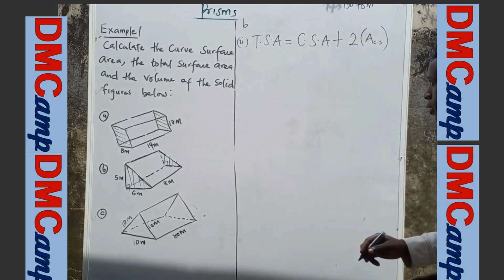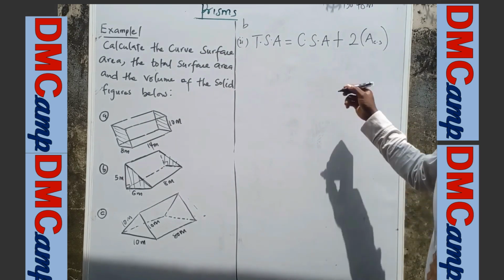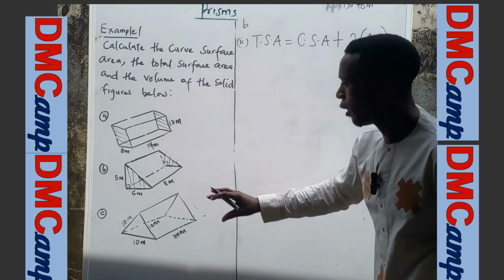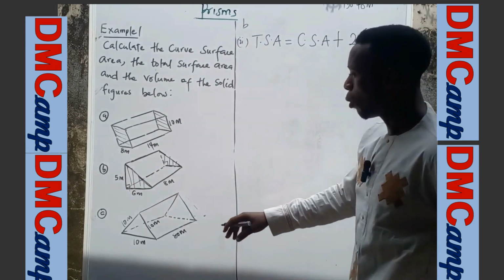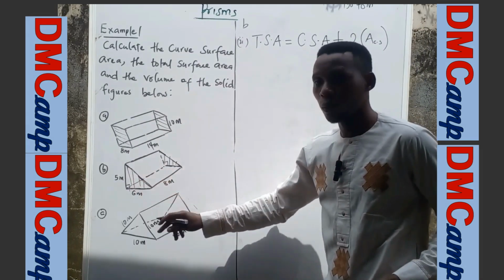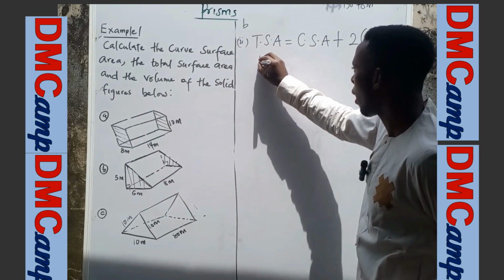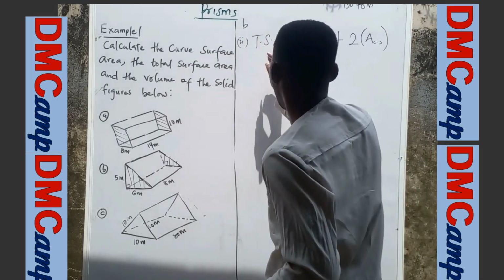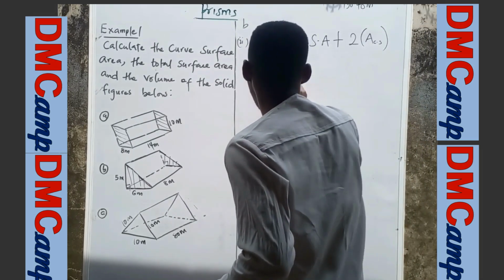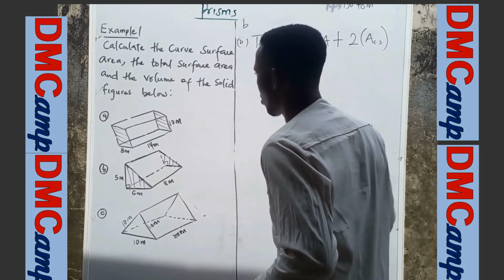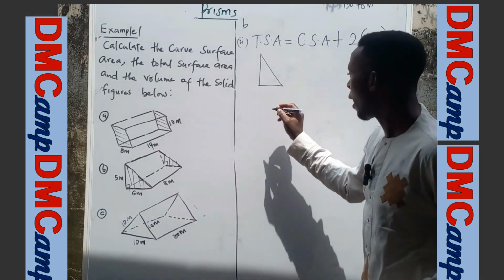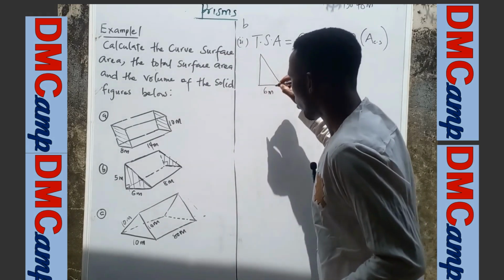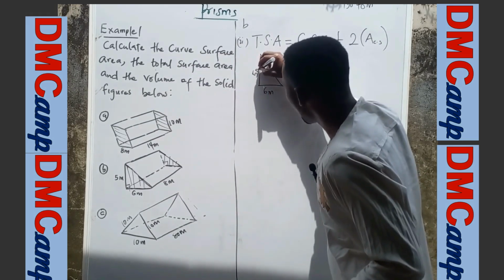We've gotten that. Now let's see here, how do we get the area of this? I'm going to bring this cross section out again. I have this, then I have this. Now here I have 6 meter, here I have 5 meter.